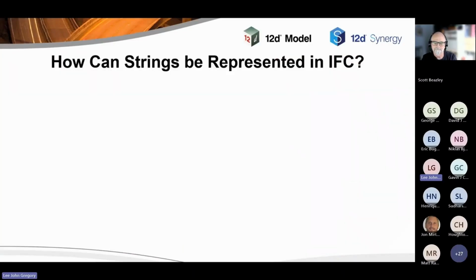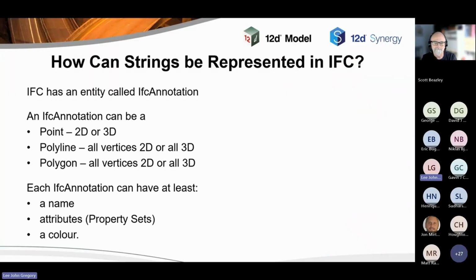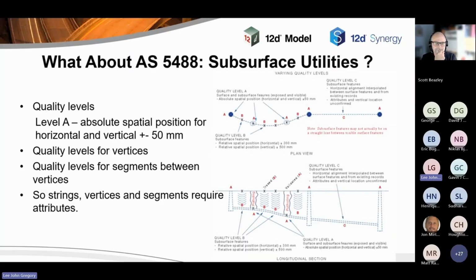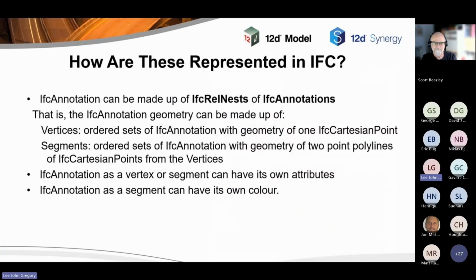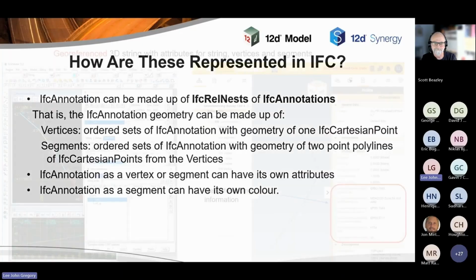The final thing is strings. And there's a thing in there called IFC annotation. It has a point, polyline, and polygon. So strings can be represented in IFC. And even for AS5488 for underground utilities, where you need attributes on vertices and segments, that can all be covered by rel nesting these IFC annotations.